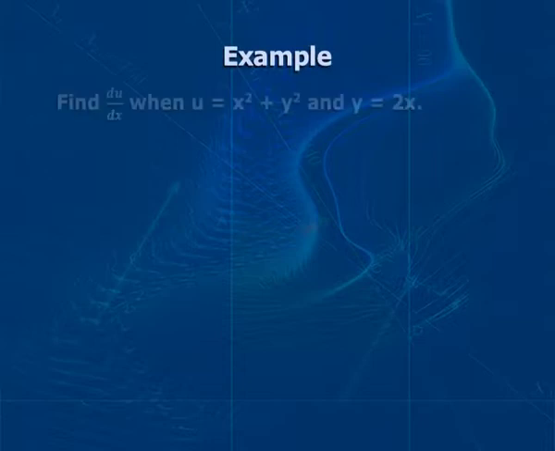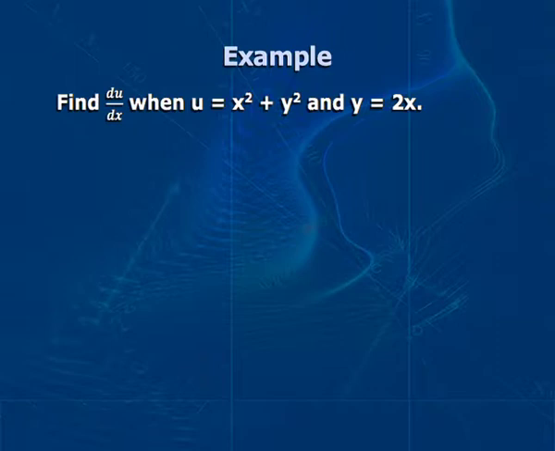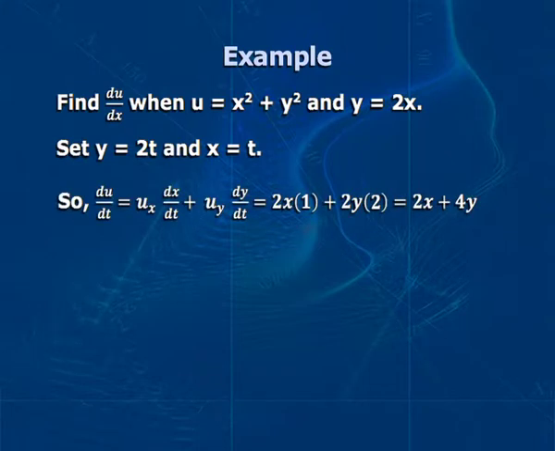Example, find du by dx when u is equal to x square plus y square and y is equal to 2x. Set y is equal to 2t and x equal to t. So, du by dt is equal to ux dx by dt plus uy dy by dt, which is equal to 2x into 1 plus 2y into 2, which is equal to 2x plus 4y.